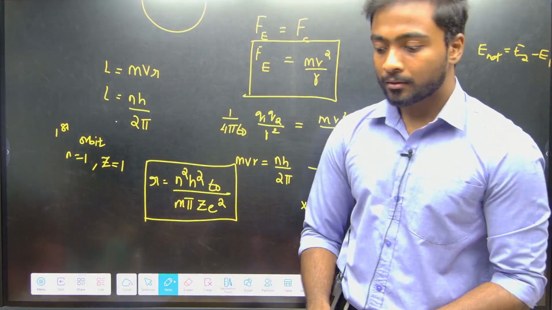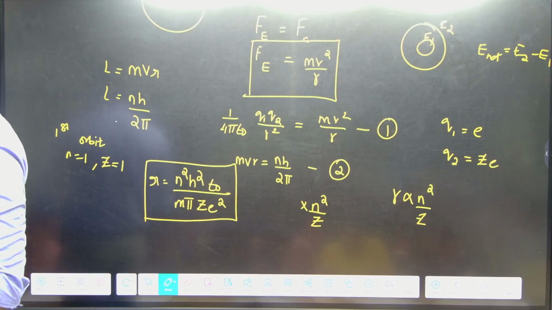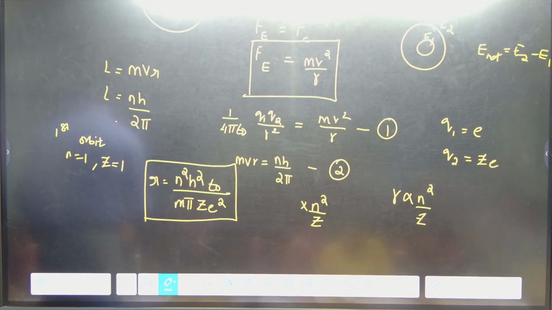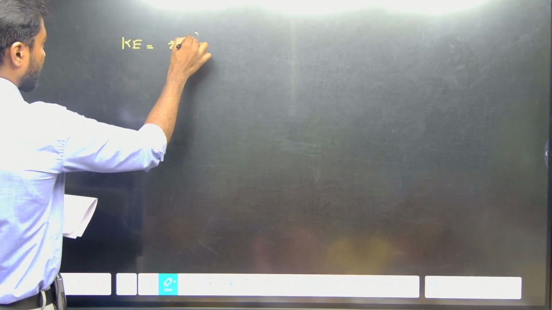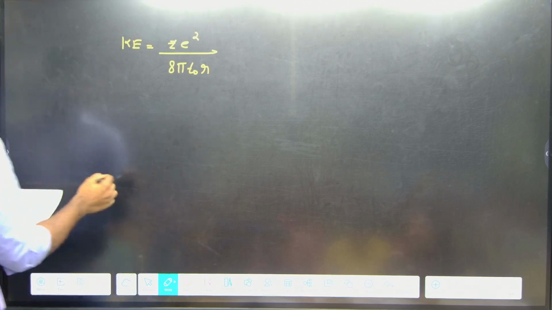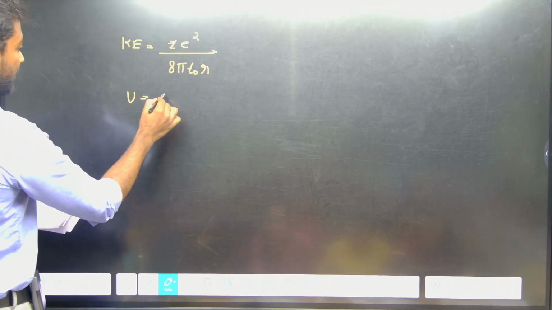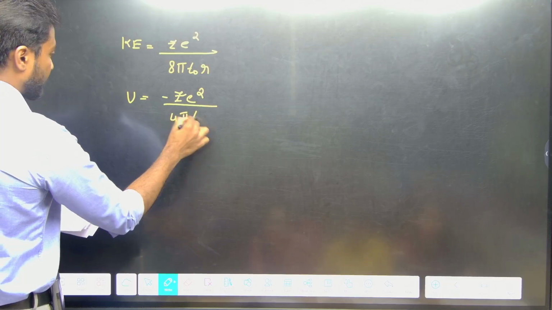Write: energy of electron in nth orbit. I will write the formulas, please copy down. Kinetic energy is equal to z e square by 8 pi epsilon naught r, and potential energy U is equal to minus z e square by 4 pi epsilon naught r.